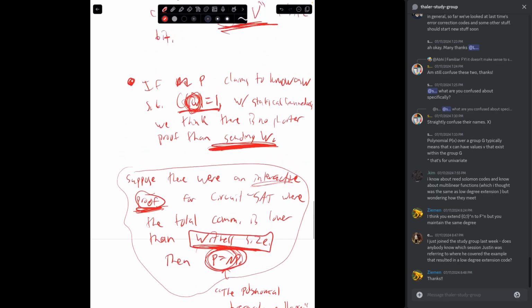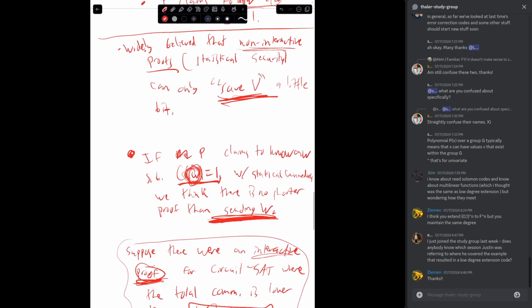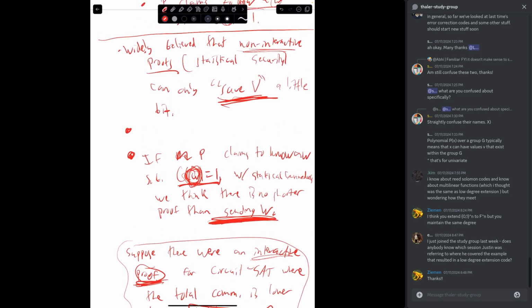This gets a little hard to explain, but if you don't want to use any cryptography, it's actually known you need a lot of interaction to save the verifier work. There's a precise statement here: you can take any k-round interactive proof and turn it into a one-round interactive proof with a bounded increase in verifier costs.